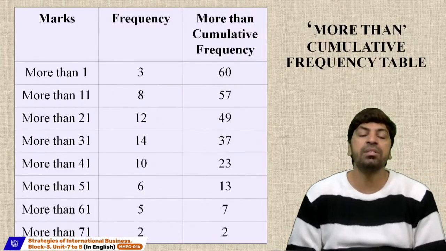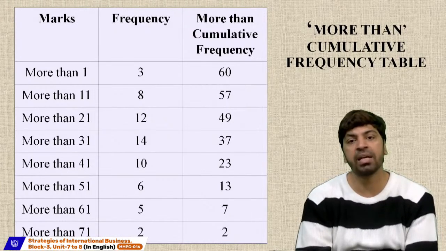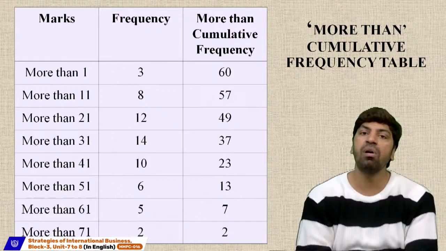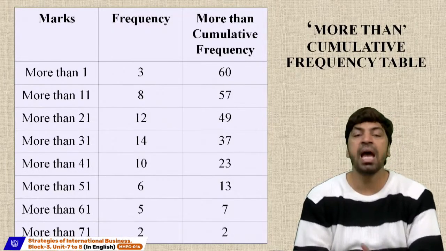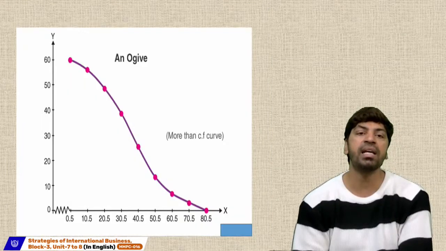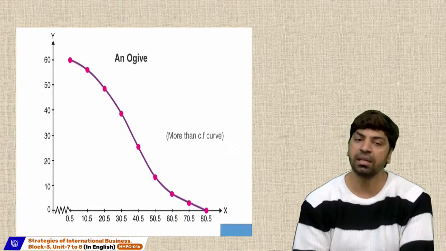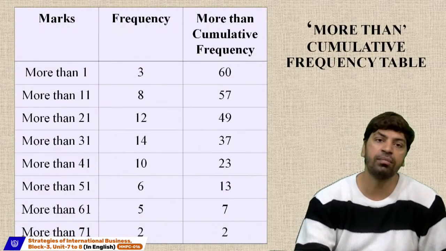That means your calculation is correct and has been verified. So that is called the more than cumulative frequency table, and based on this, what is shown in the diagram is called the more than cumulative frequency curve, right? So this is how you could draw it.